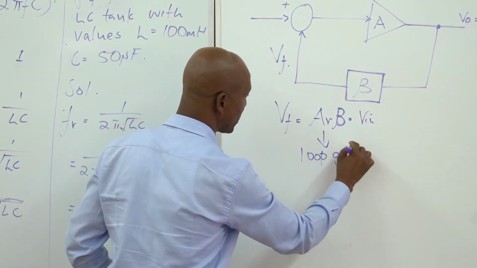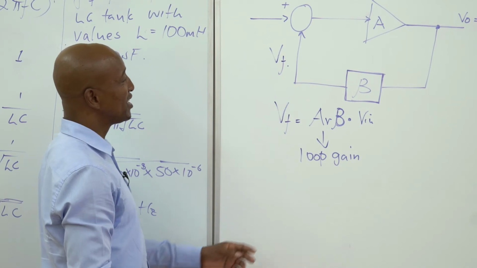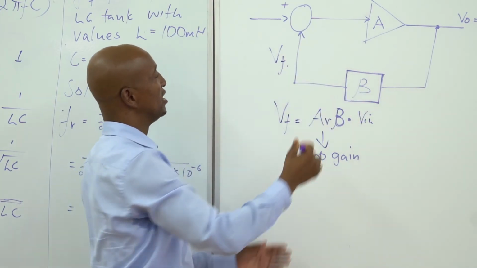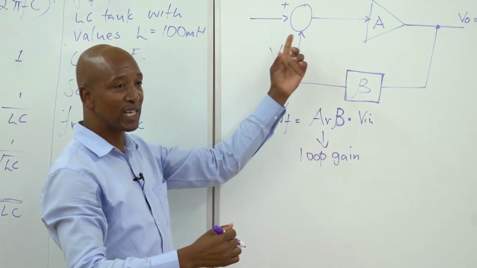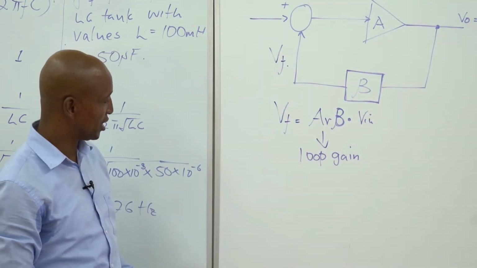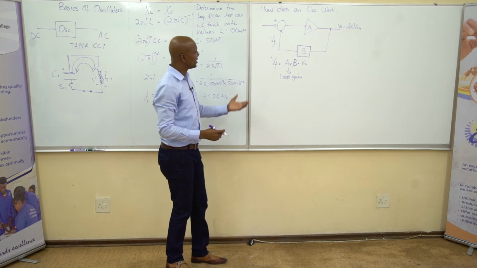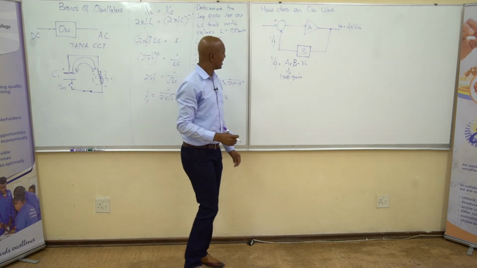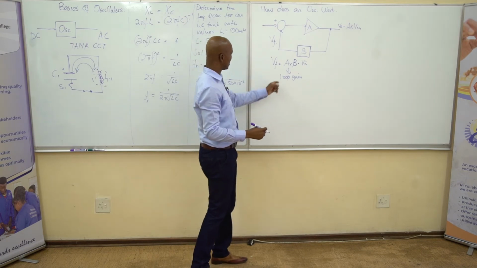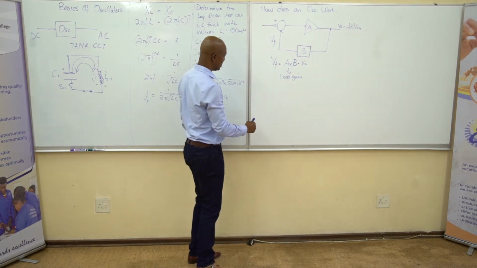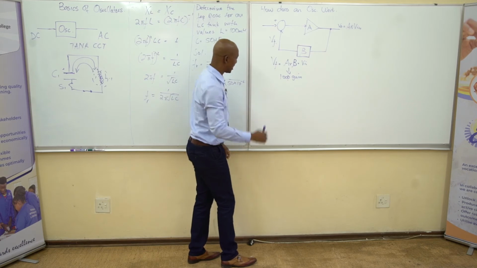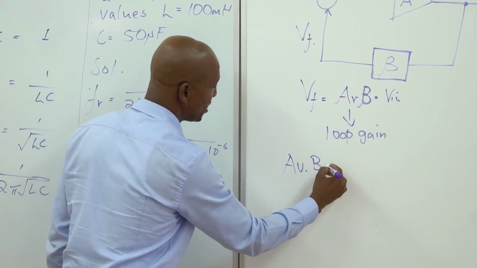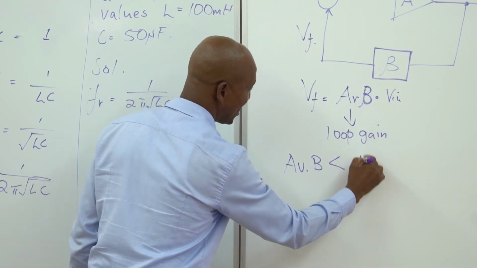Loop gain simply tells us how much signal we are going to lose or gain during the feedback position. Now that you are aware of this, let's look at what happens. Let's say our loop gain, AVB, becomes less than 1.